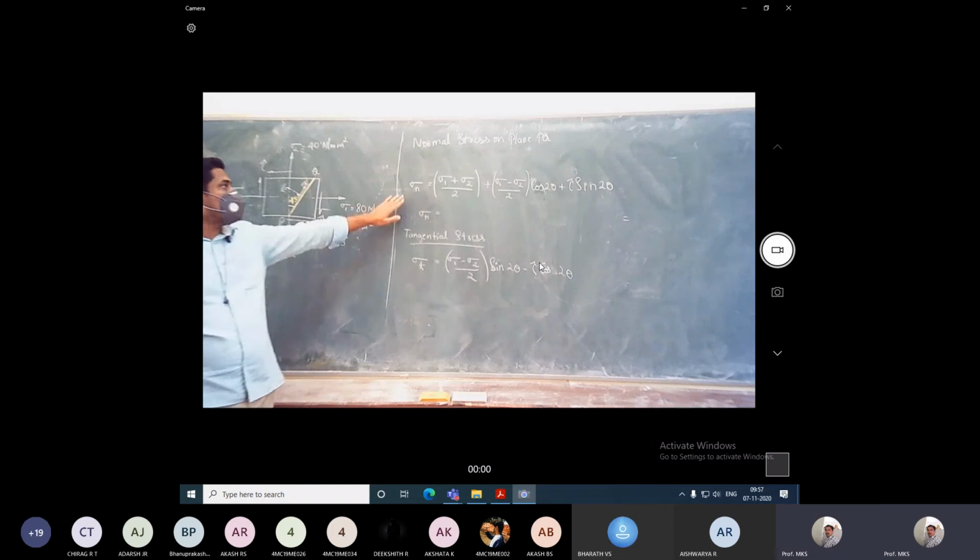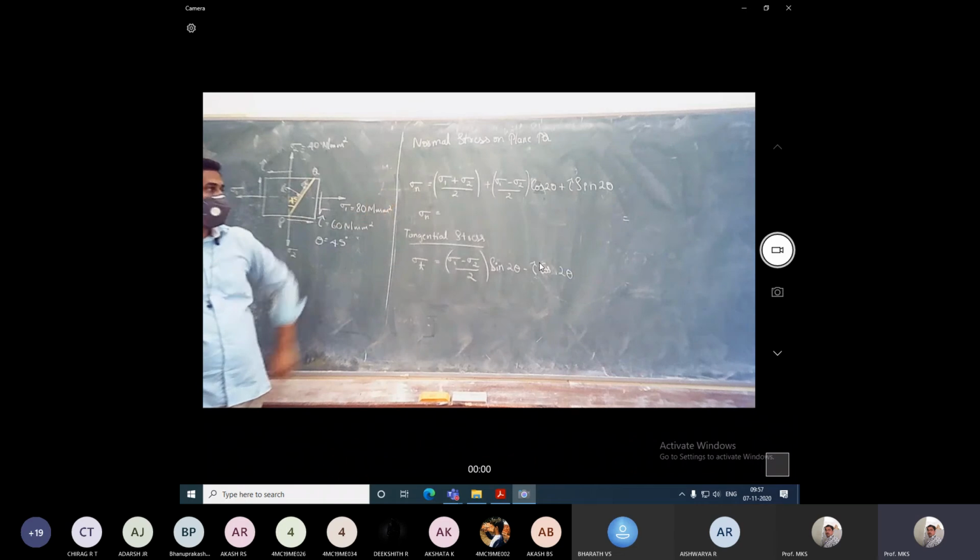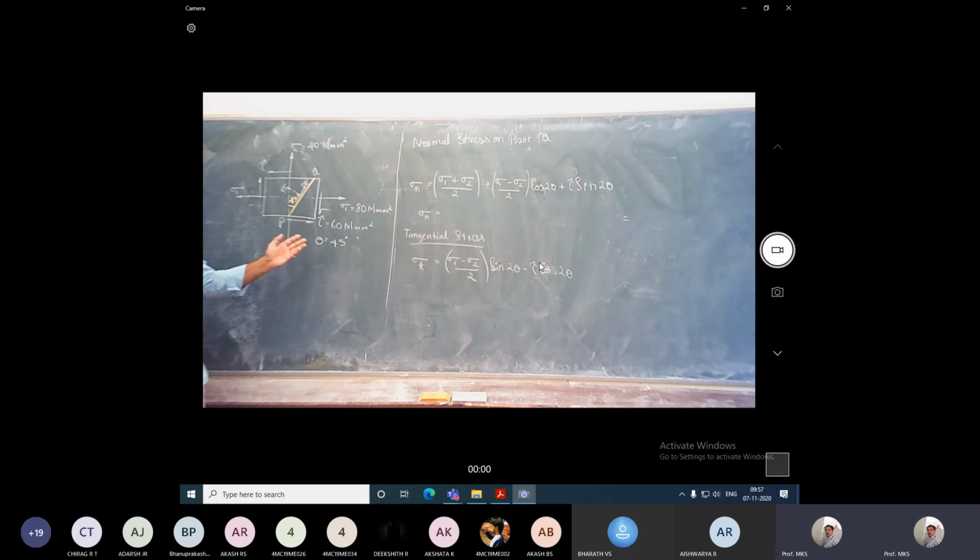Has anybody calculated the normal stress? How much? Since all the values are directly given, it is a direct substitution. So use your calculators.